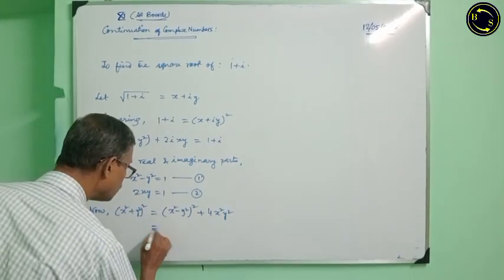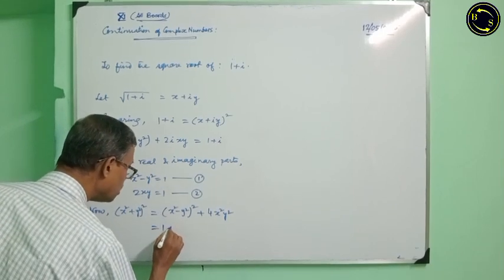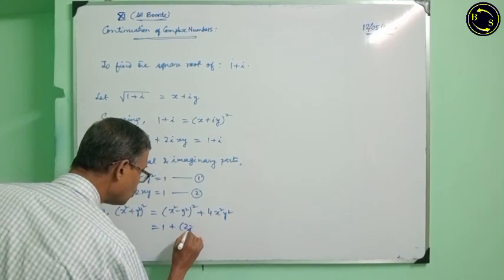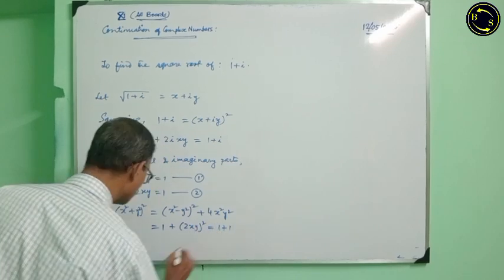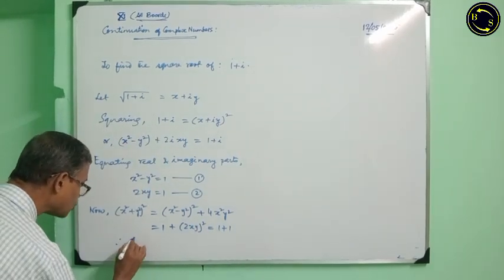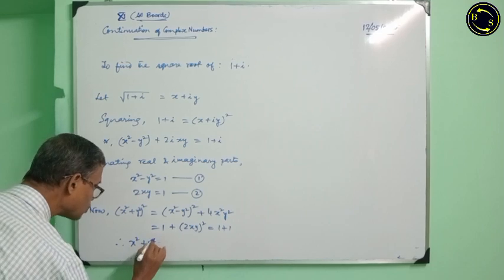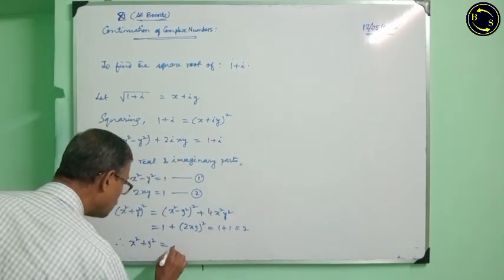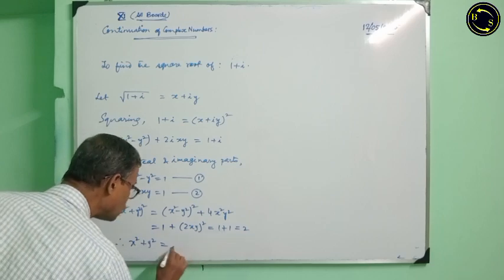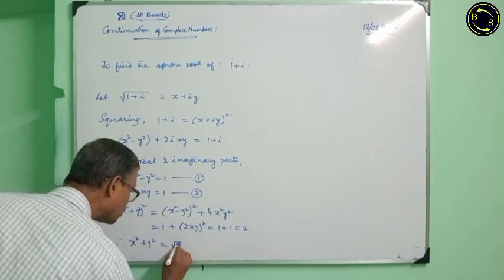Put the value. This is (1) plus (2xy) whole square, that is 1 plus 1. Therefore, x square plus y square is equal to, this is 2, the value will be plus minus root 2. We are taking root 2.